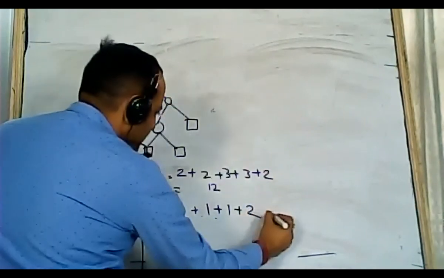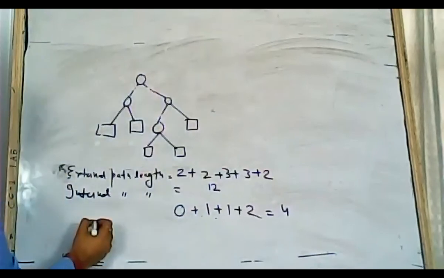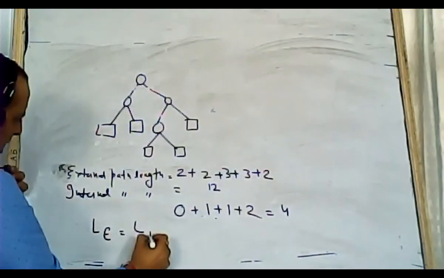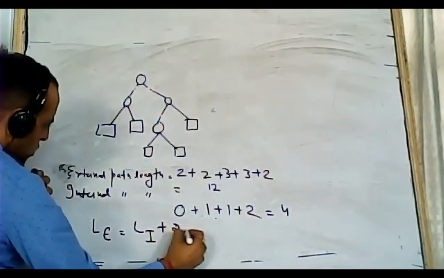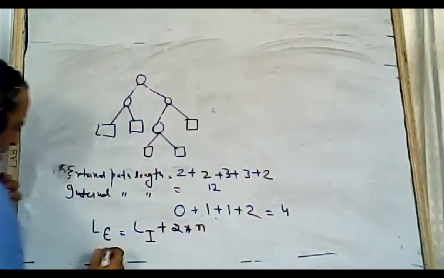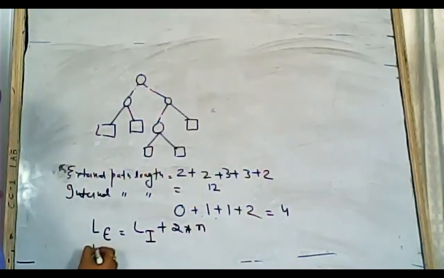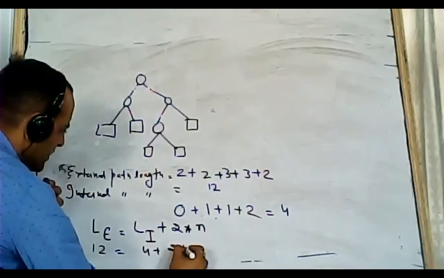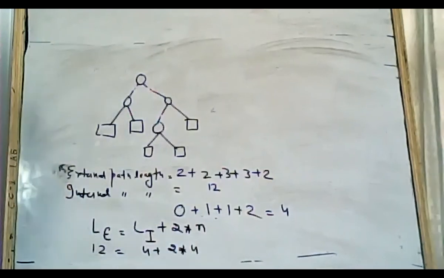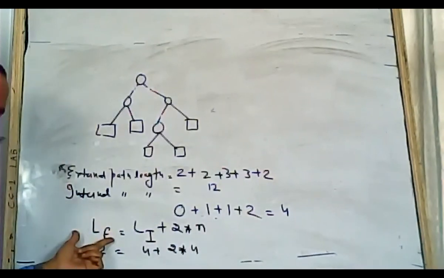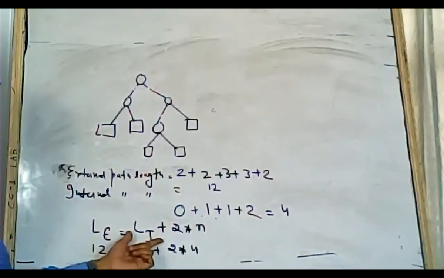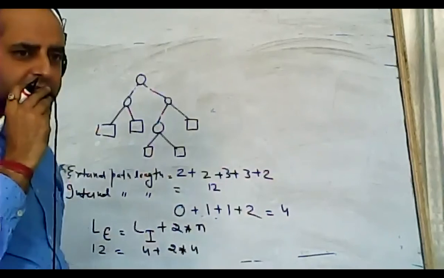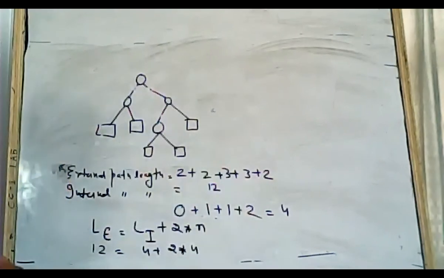What is the value? 4. Check the relation. External path length is equal to internal path length plus 2 into n, where n is the number of internal nodes. Verified.